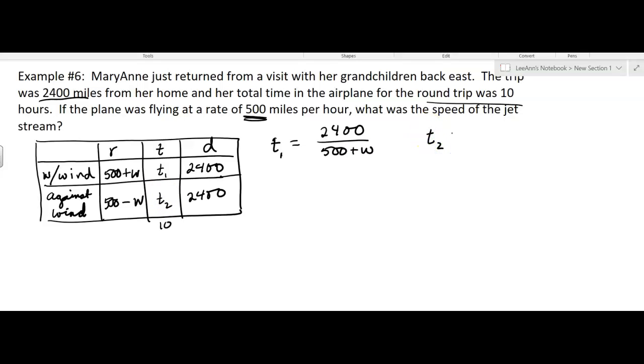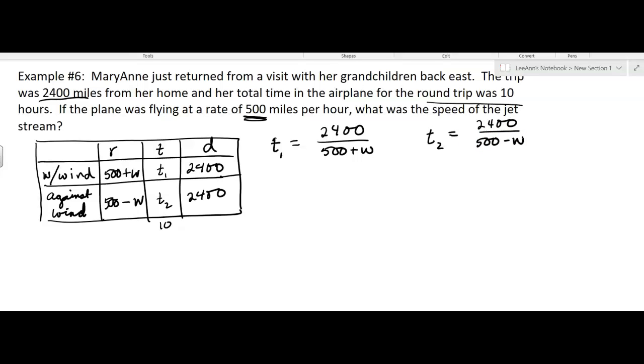Probably not the same time as time 1, because one way is going to take longer than the other if you're flying against the wind. All right, so time 2 is going to be 2,400 divided by 500 minus W. So it's the distance divided by the rate.